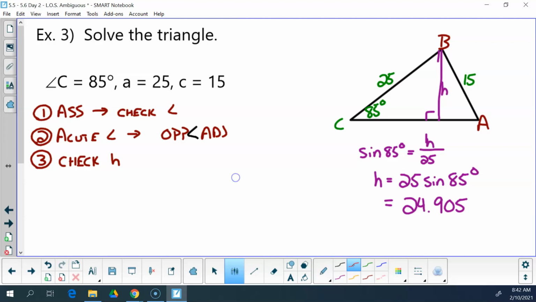My opposite side is 15. My height is 24.905. Does that form a triangle? No. No, it does not. No triangle form.